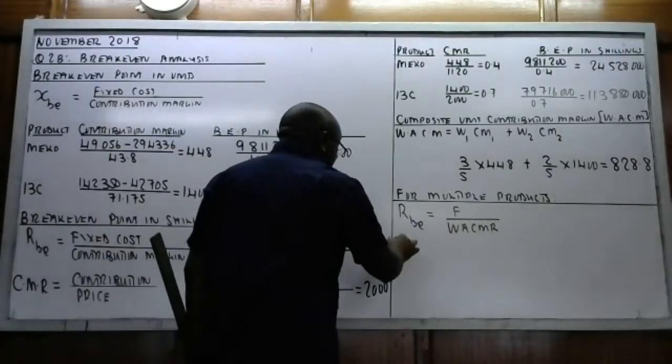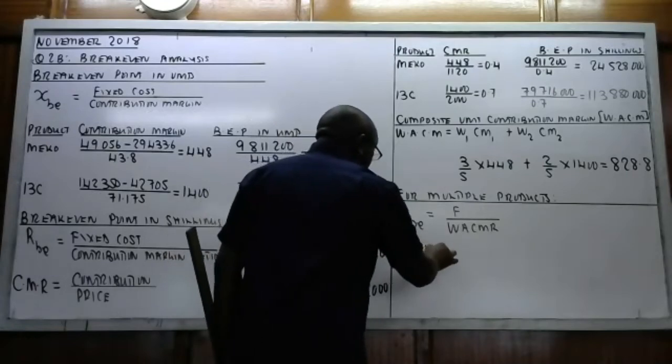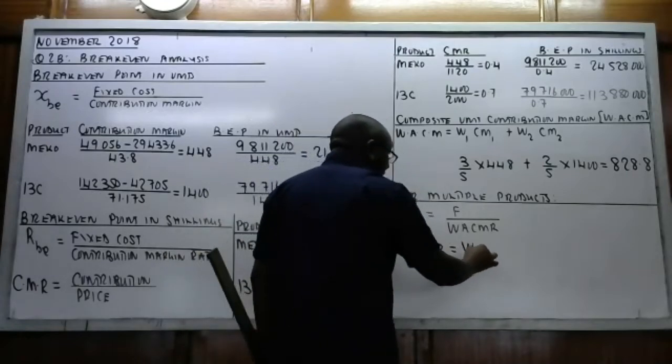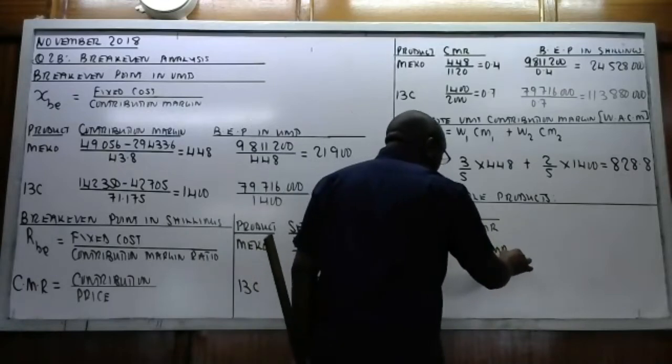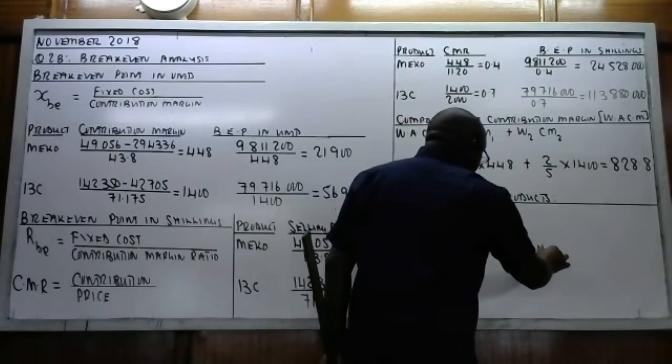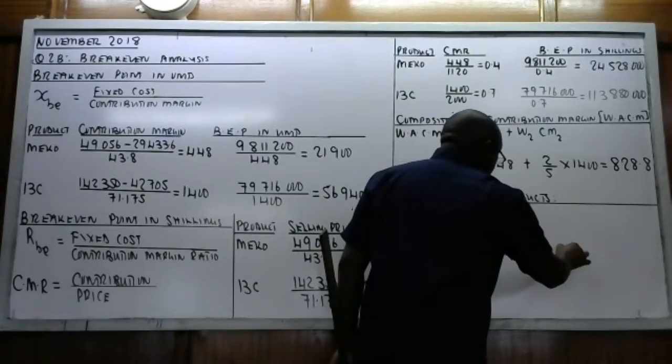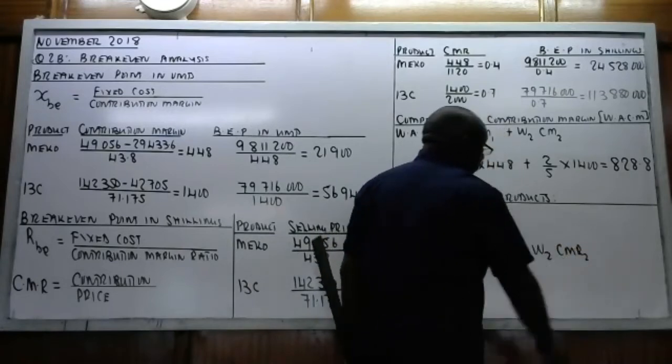So WACMR will be the weight of 1 times contribution margin ratio 1, plus the weight of 2 times contribution margin ratio of 2.